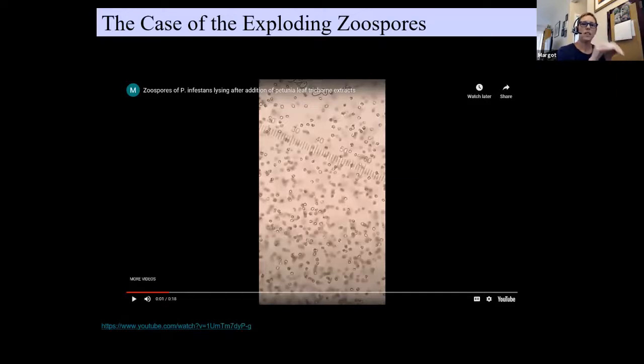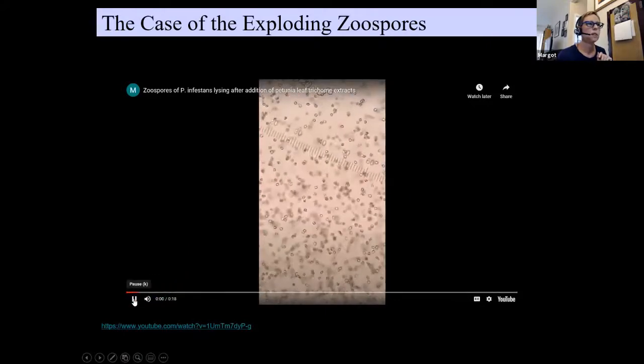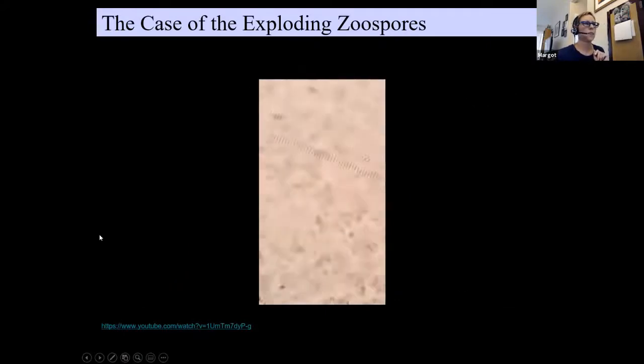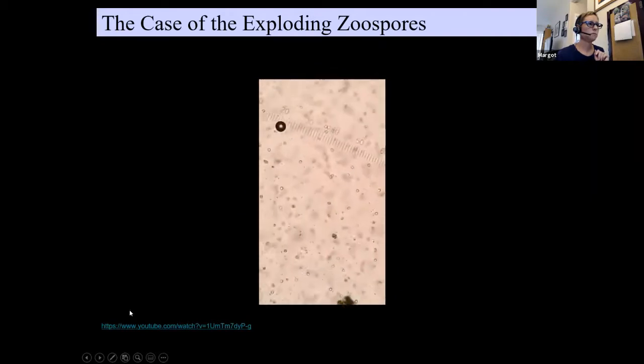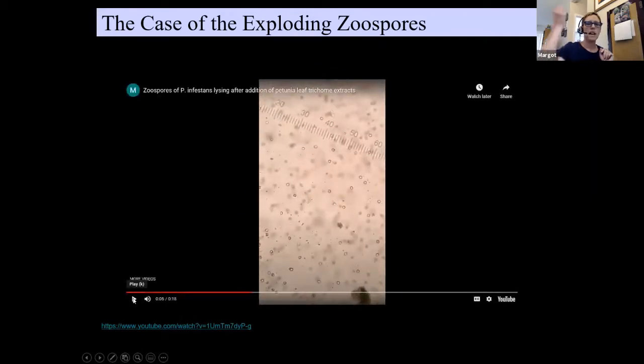If you get down into it and look at it under the microscope, this is what it looks like. It's just millions and millions of zoospores swimming around, very happy. Now you're going to see some commotion. That commotion was me adding some of that petunia water to the zoospores. Then you're going to see some more commotion as I try to adjust the microscope to get in close to the zoospores to see what's going on.